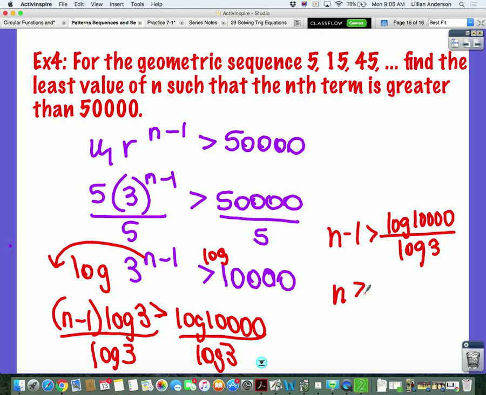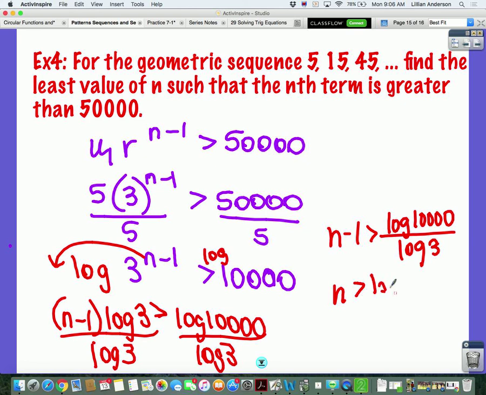Now, can I say that log of 10,000 over log of 3 is just log of 10,000 over 3? Can I? Refresher from logs? No, you cannot. The only time you can actually divide them is if it was like log of 10,000 minus log of 3. That's when you can divide those numbers, okay?